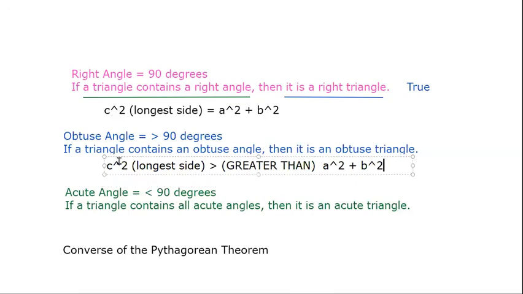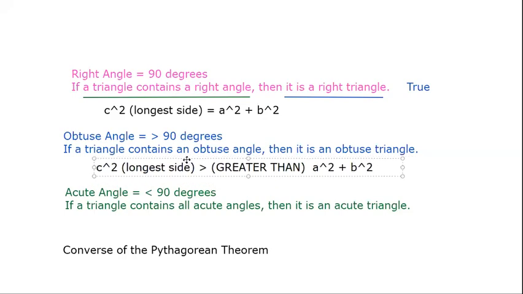So if you put in your longest side squared, and it's bigger than A squared plus B squared, where A and B are your legs, or your shorter sides, then you know beyond a shadow of a doubt that you have an obtuse triangle.